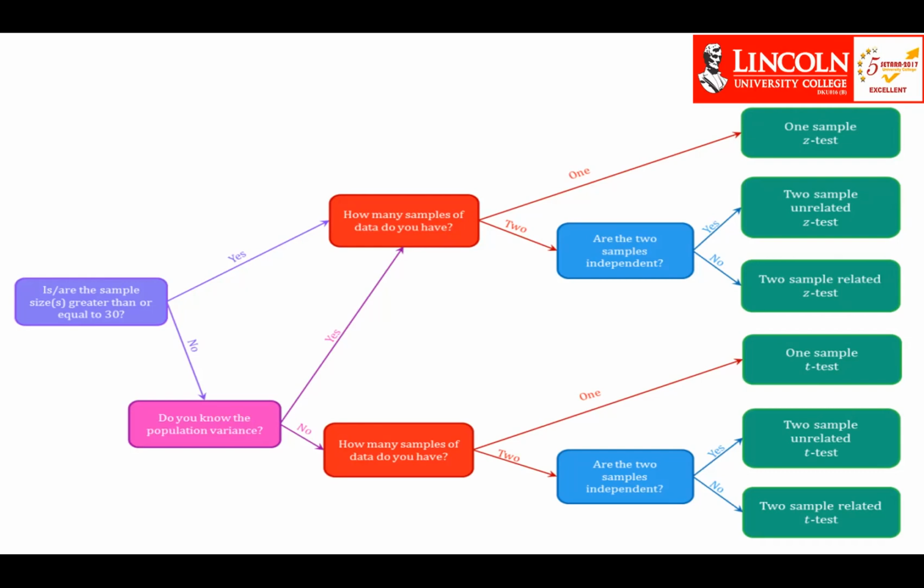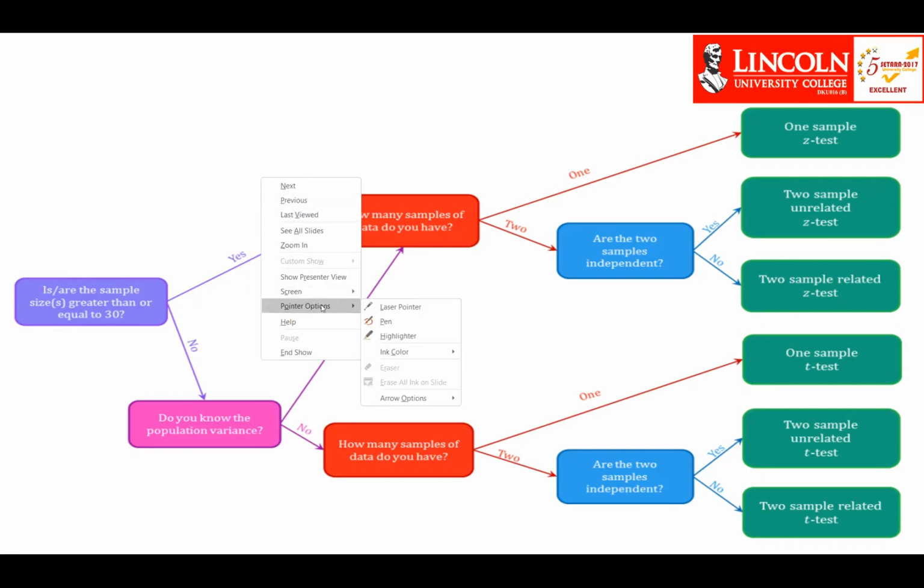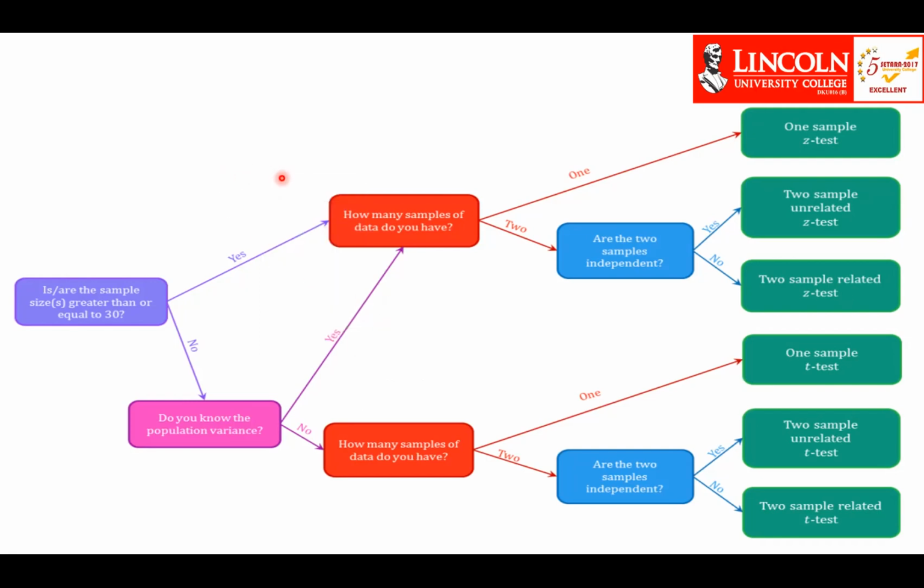The first question is: is the sample size greater than or equal to 30? If it is, the next question you'll be asking yourself is how many samples of data do you have? But if it is not, the next question you'll be asking yourself is, do you know the population variance?